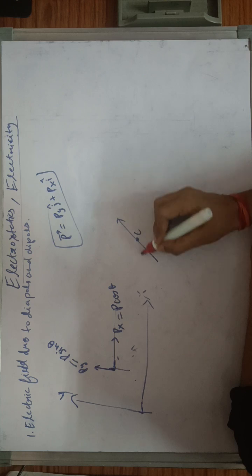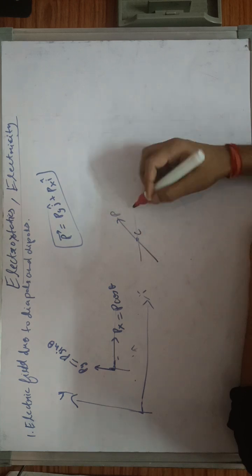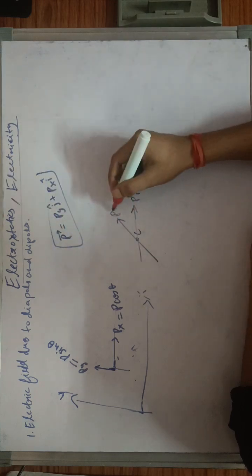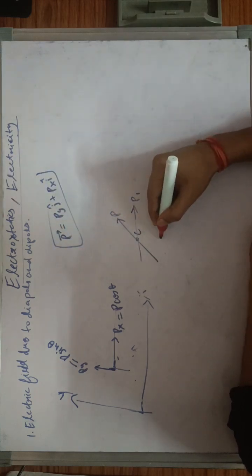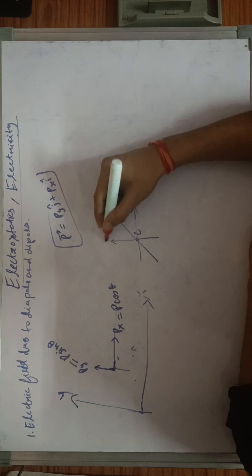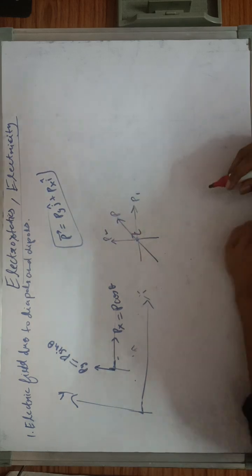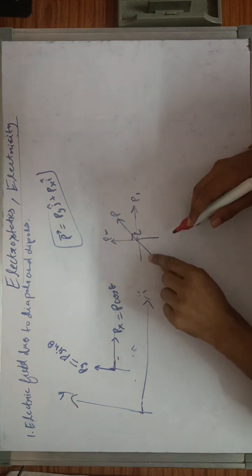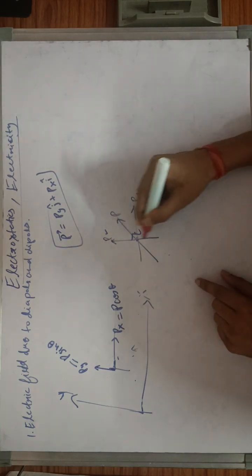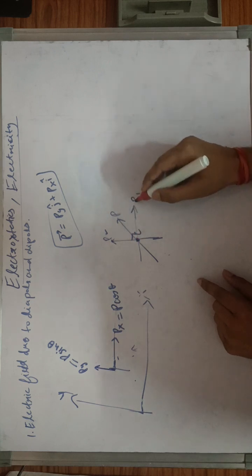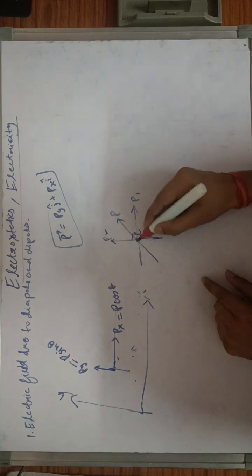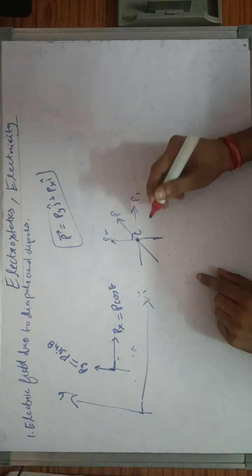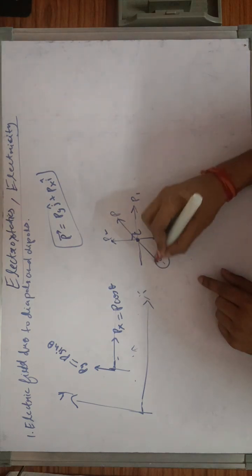Then if I take one component of this p vector in this direction, let's call it p1, then the other component of this dipole moment vector would be perpendicular to this p1. Let's say this p2, this is perpendicular to it, and the center of this p2 would be at this C point, and the center of this dipole moment would be at this point.